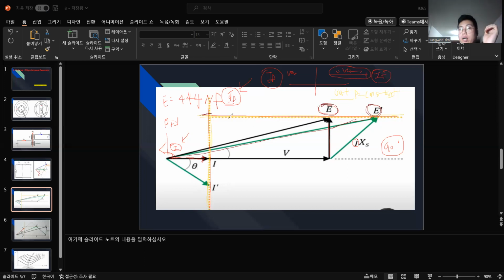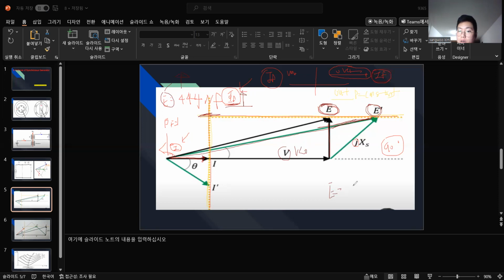But we want to increase this E because we increase the IF. IF is related to phi F, right? So if we increase this, the induced voltage also increases, right? But look at that. V is the same. This is a reference, right? We already made the equation.